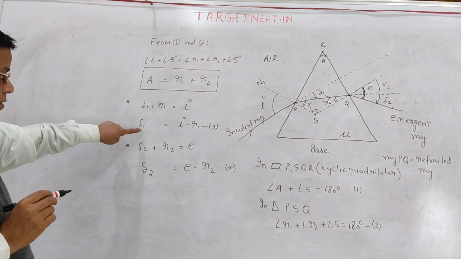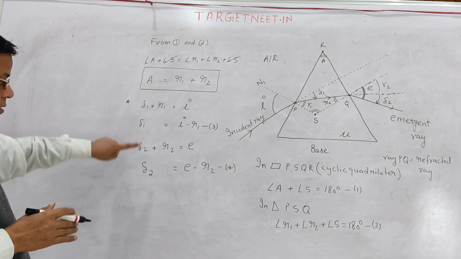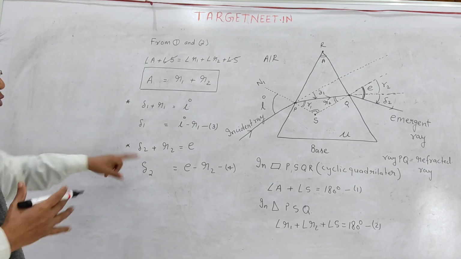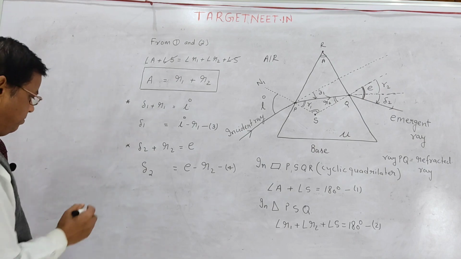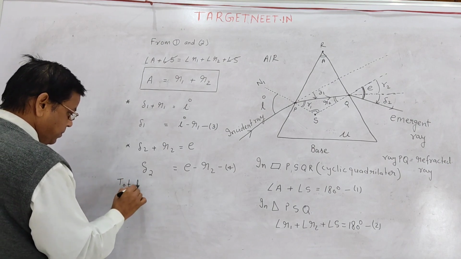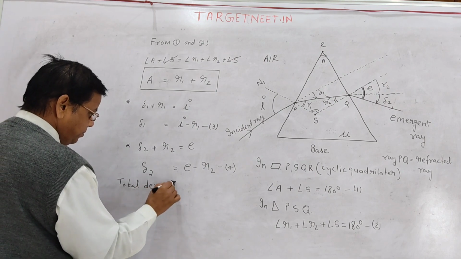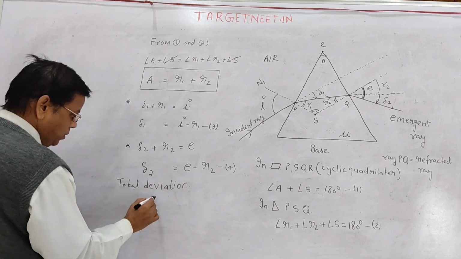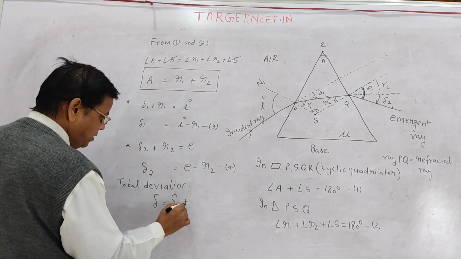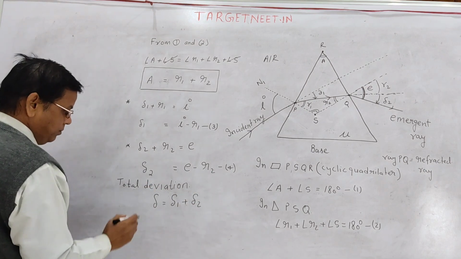So at the first surface light is deviated by this much clockwise, at the second surface light is deviated by this much again clockwise. So what is the total deviation? The total deviation is the sum of delta 1 and delta 2, because both are clockwise.